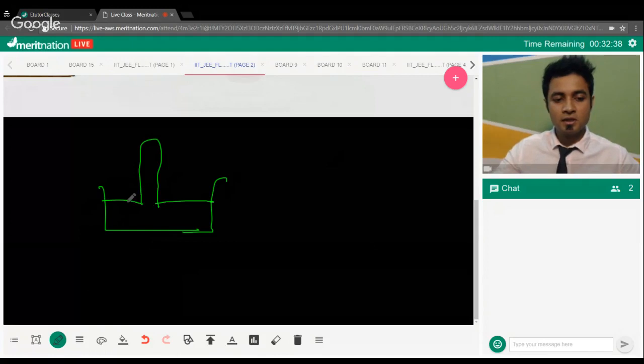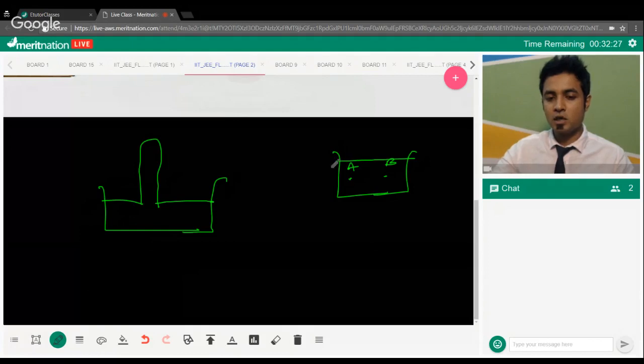Always remember, liquid at the same height: if I have two points A and B inside the liquid at the same level, the pressure at these two points would be equal.